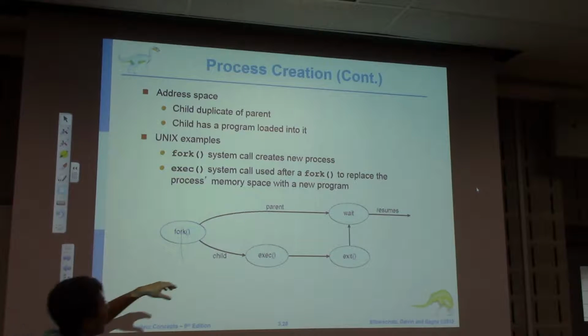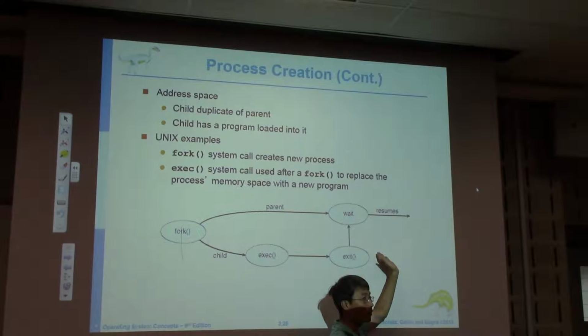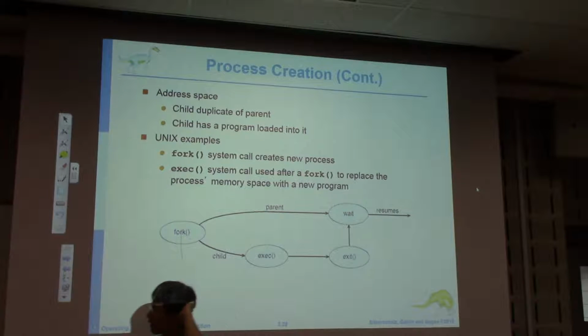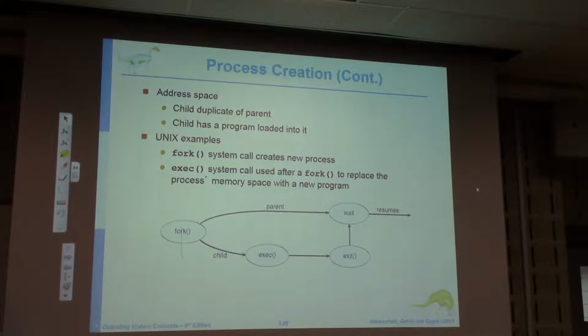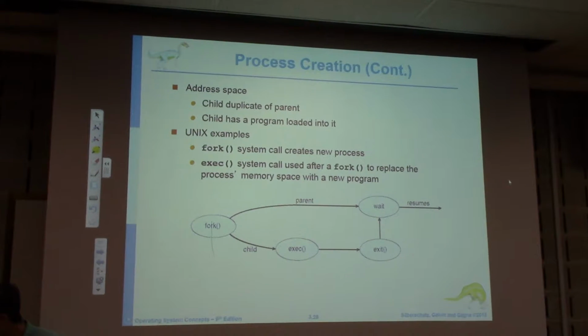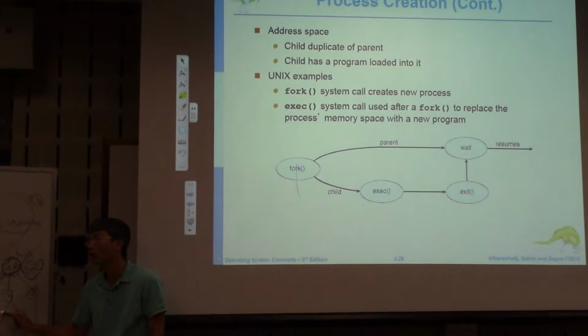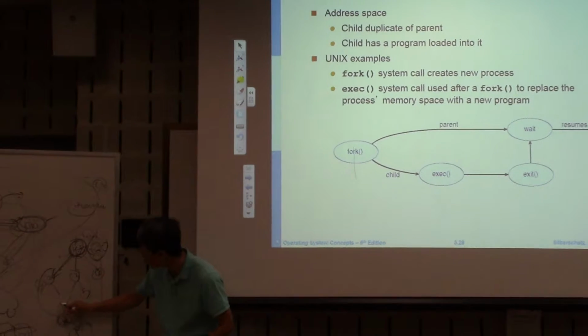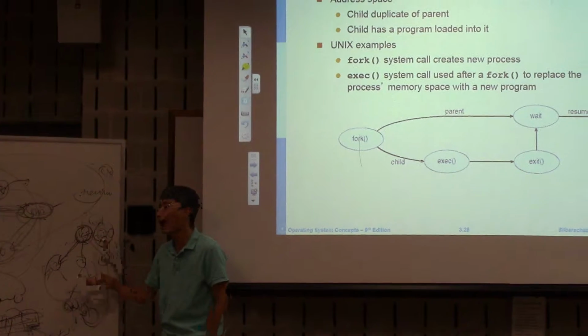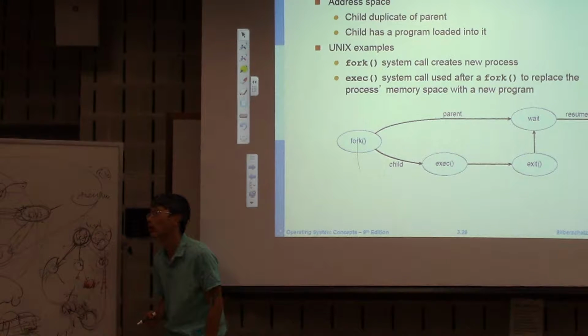It waits until the child process is done, because it's a tree structure. A tree structure is a very strict data structure. Each process depends on the parent process. If you disconnect this one, it's not a tree structure anymore.